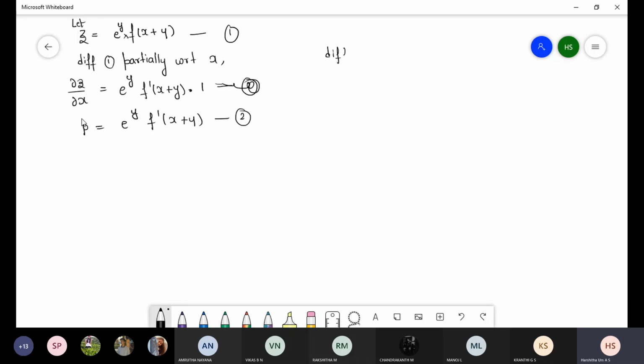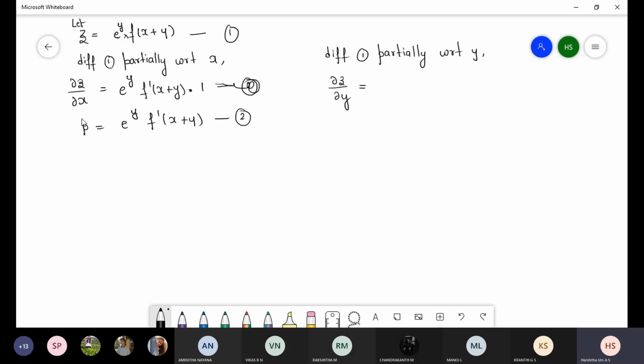Next, differentiate equation 1 partially with respect to y. So again dou z by dou y is equal to, here we can see e power y contains y and also the function of x plus y also contains y.